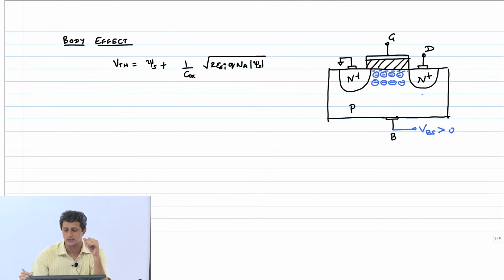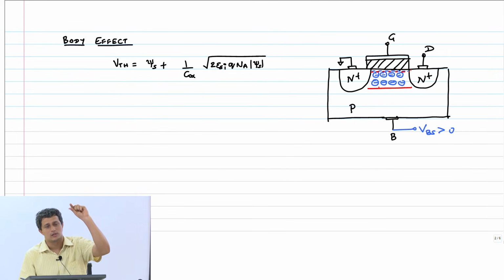So if I apply a body potential VBS greater than 0, then this capacitor here is going to act like a back gate capacitor, just like the silicon dioxide on top provided control for the gate. This capacitor behind here is providing some control to the channel, and that can be controlled by the body terminal.